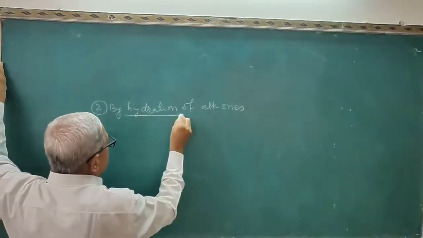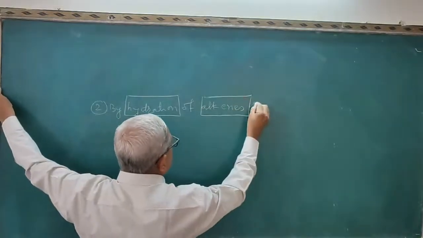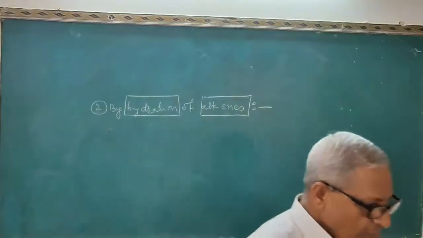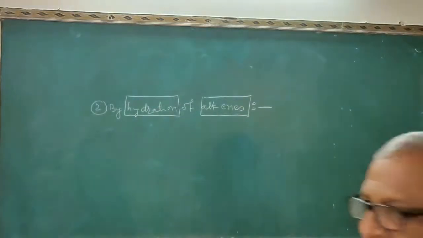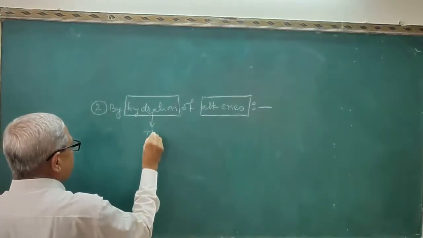First, I will set a question on hydration of alkenes, according to the NEET and JEE pattern. Now, what is meant by hydration? The meaning of hydration is addition of water.